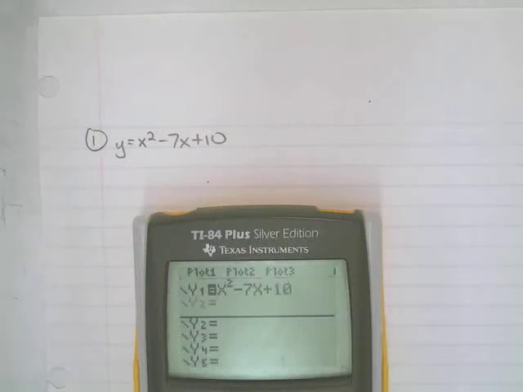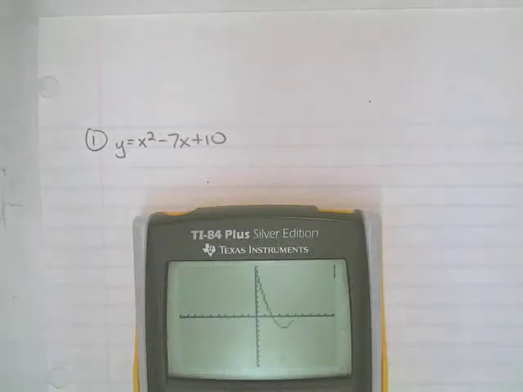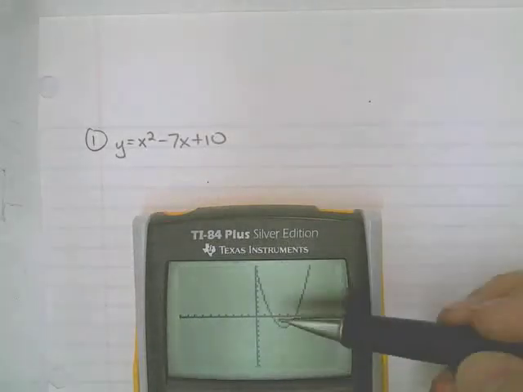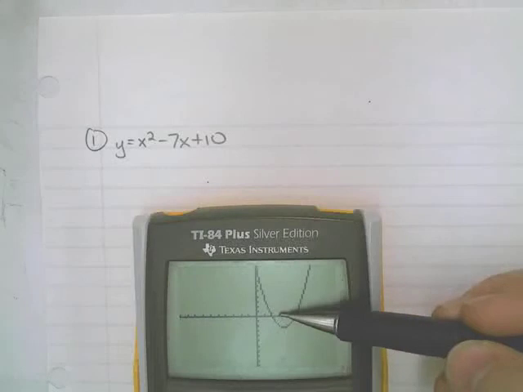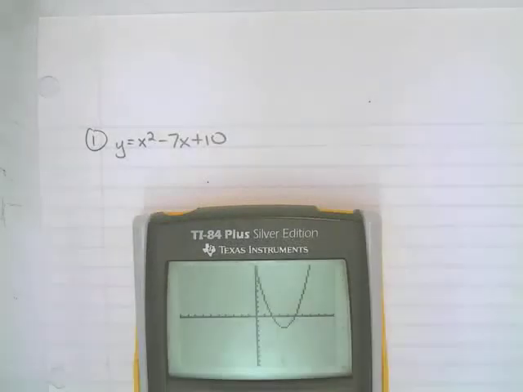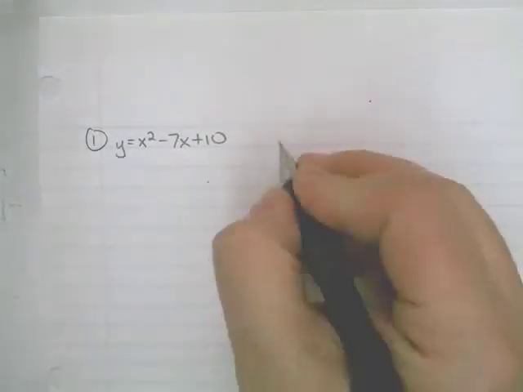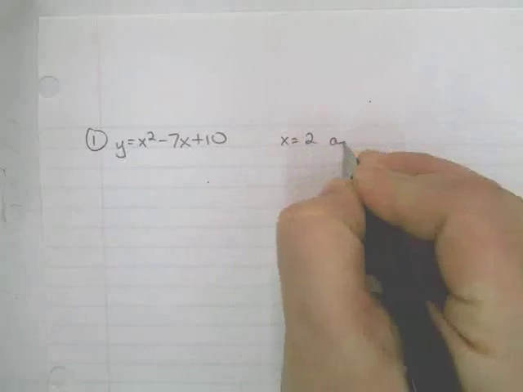And I'm going to graph it, and I look to see where it crosses the x-axis, and there it is. It crosses at 2, and 1, 2, 3, 4, 5. So my two real solutions are at x equals 2 and x equals 5.